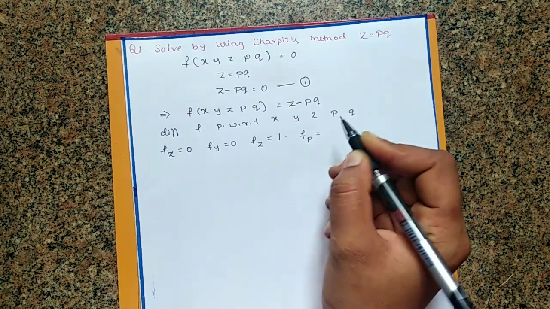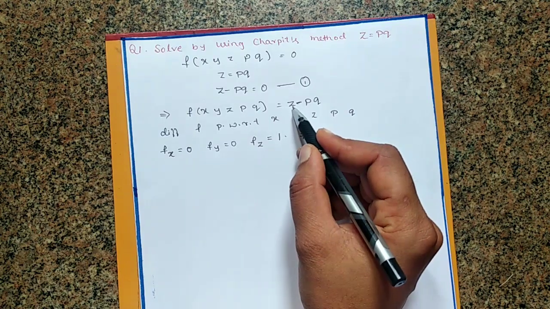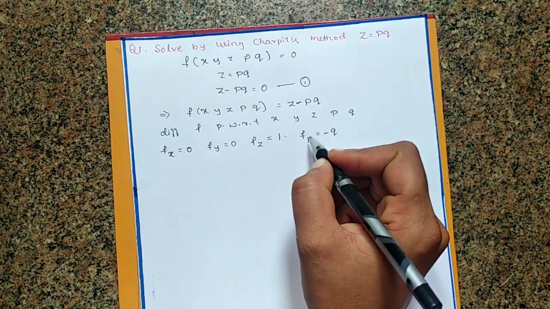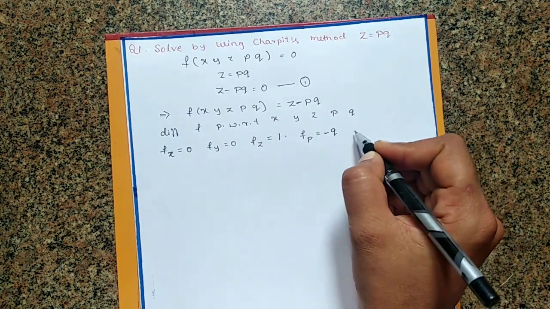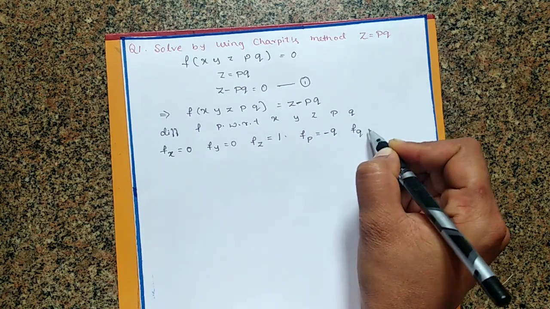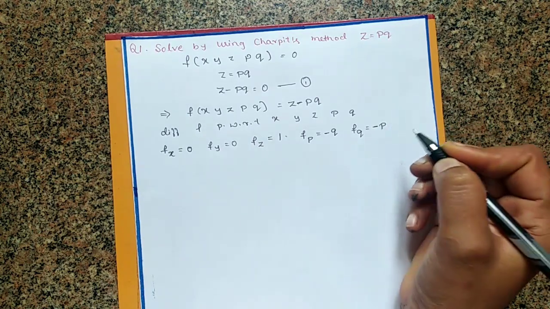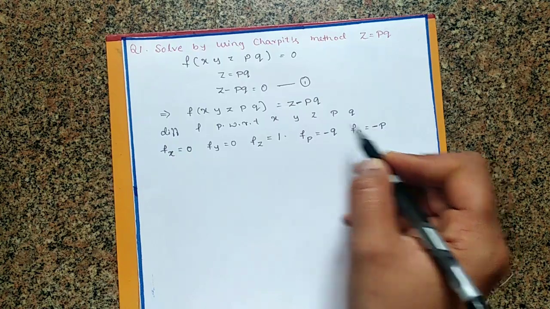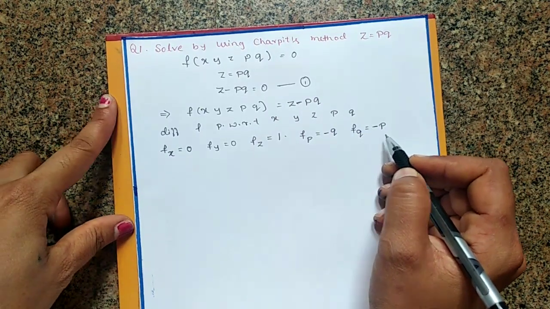With respect to p, z is treated as a constant, therefore this is 0 minus q, q is a constant with respect to p, and the differentiation of p is 1. Therefore, fp is minus q. Then differentiate f partially with respect to q. With respect to q, minus p is treated as a constant and differentiation of z is 0. Differentiation of q is 1. Therefore, fq is equal to minus p.